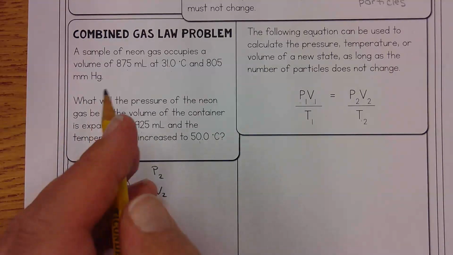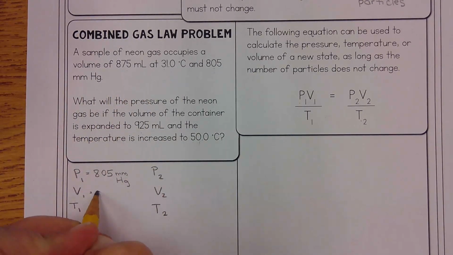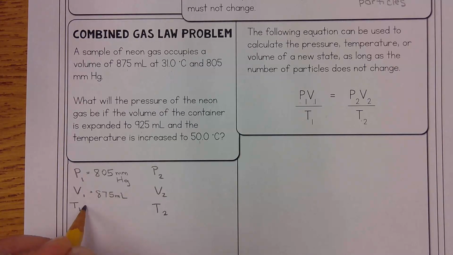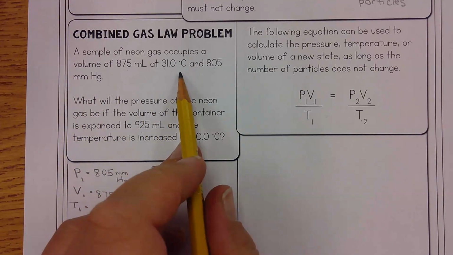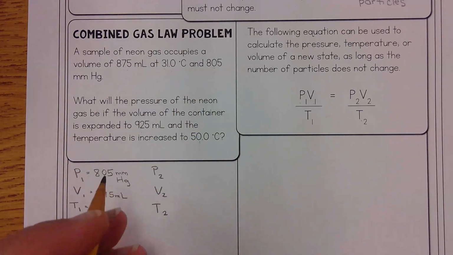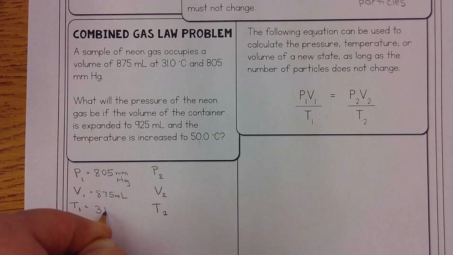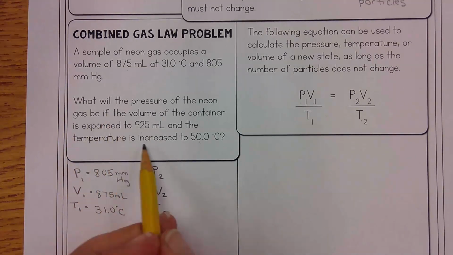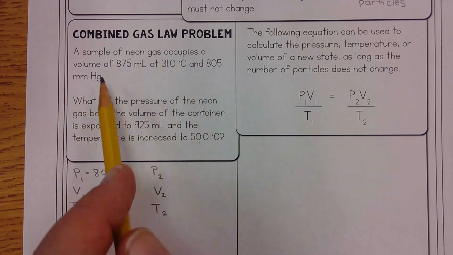V1, initial volume, 875 milliliters. Initial temperature, 31 degrees Celsius. Okay, so that's all the initial things.